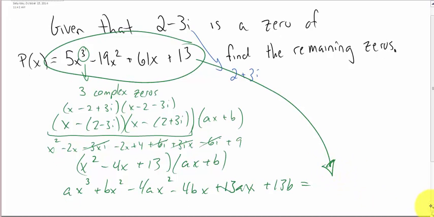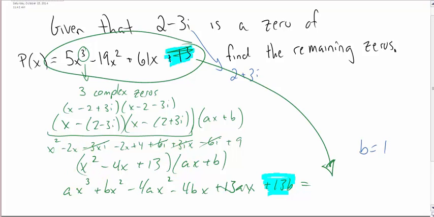So how does that help us? Well, let's equate some coefficients. The constant term, let's start there. 13. Here's my constant term. By this reasoning, b should be 1. Let's go through and see if this works out.